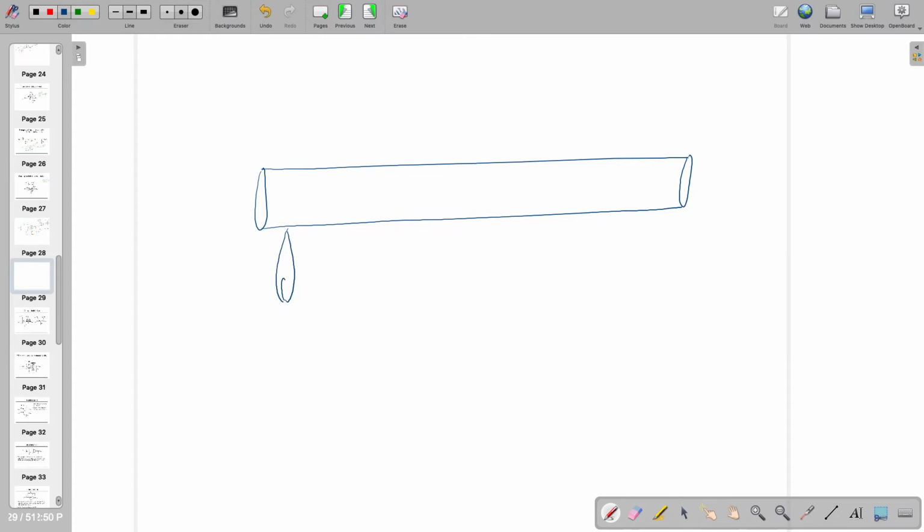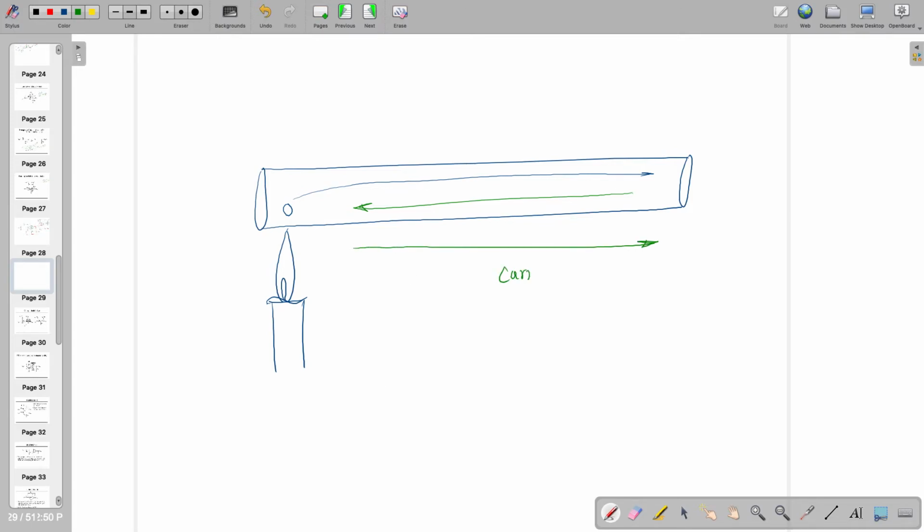If I flame it, there will be thermal bonds which will be broken, a hole will be created, and this hole will travel from here to here, exactly in the opposite direction. Electrons will be there, right? So a hole will be sitting, and some electron will go to the other side. So in the direction of the hole, or in the opposite direction of the electron, you are going to observe a current. This is what I understand.